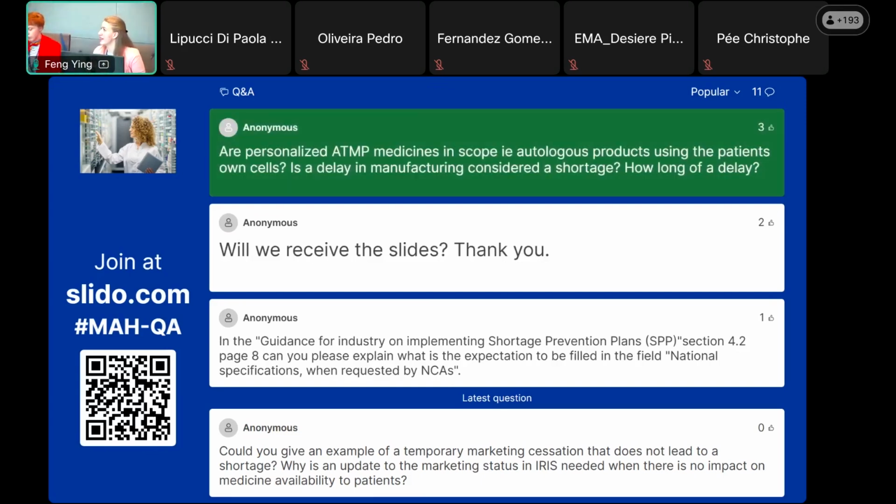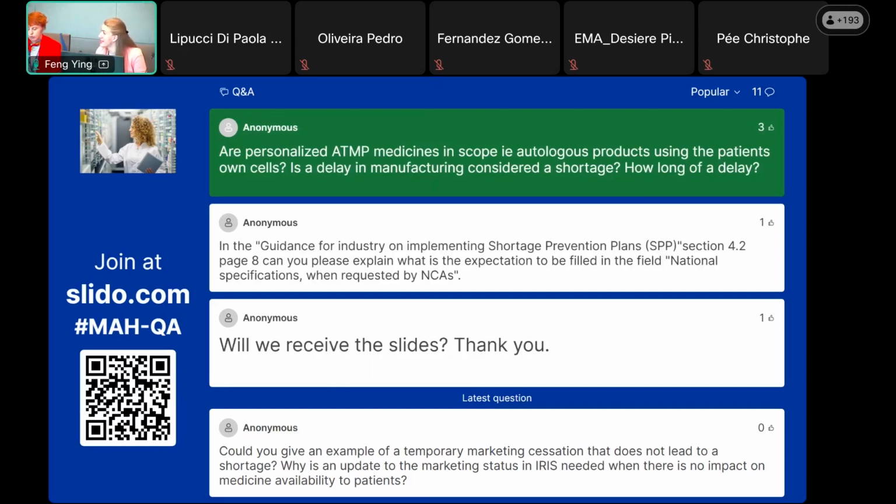Next question. Are personalized ATMP medicines in scope, for example, autologous products using the patient's own cells? Is a delay in manufacturing considered a shortage? How long of a delay? We had this question before regarding the ex vivo gene therapeutic products, for example.